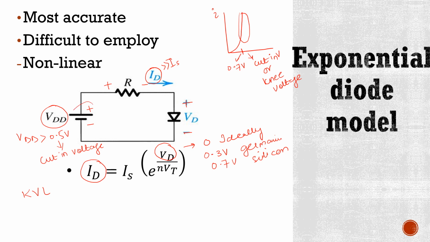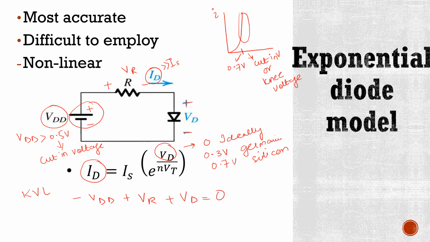We'll start from this point, means minus VDD plus, I'm calling voltage across this resistor VR, so plus VR plus VD is equal to 0.